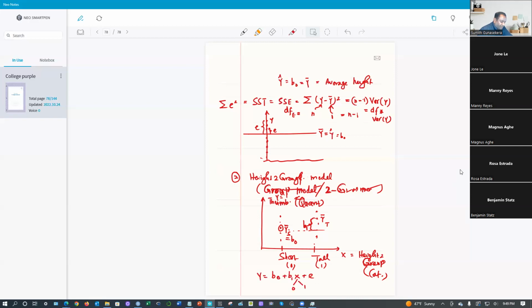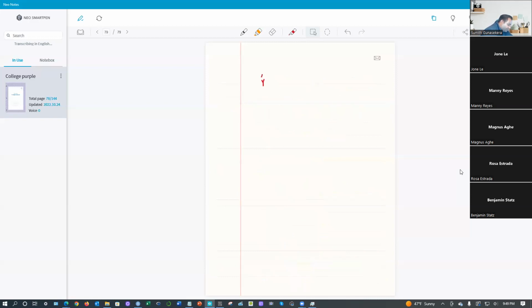And y hat means the estimated part. Predicted value y hat is B naught plus B1 x, for short or tall, doesn't matter. So x is 1 for tall, 0 for short.